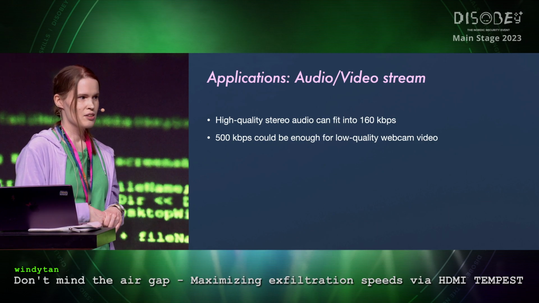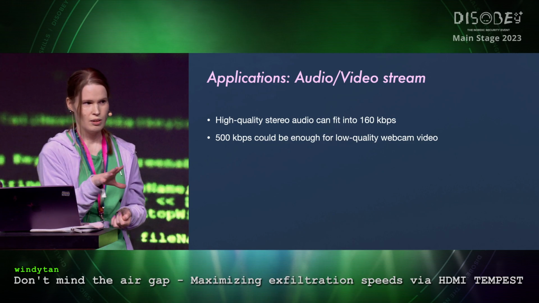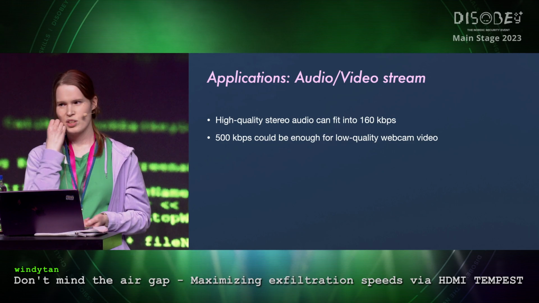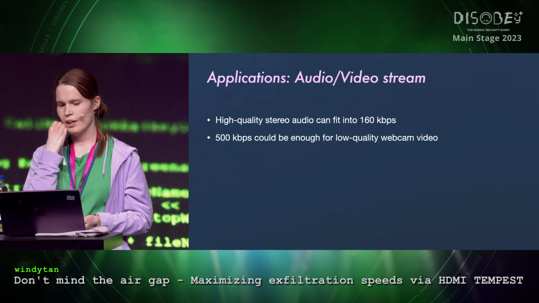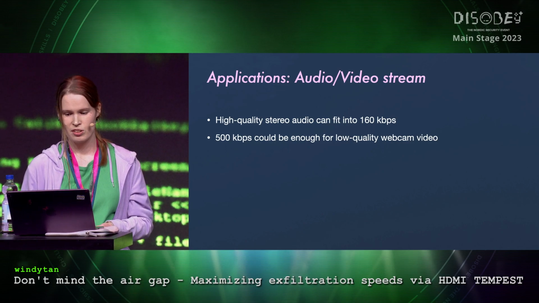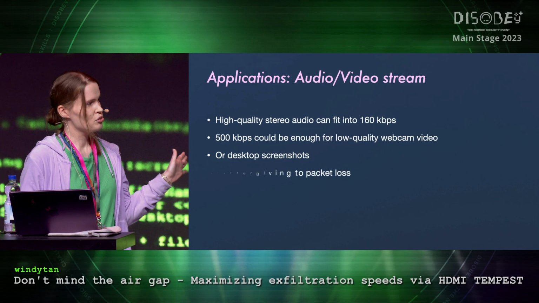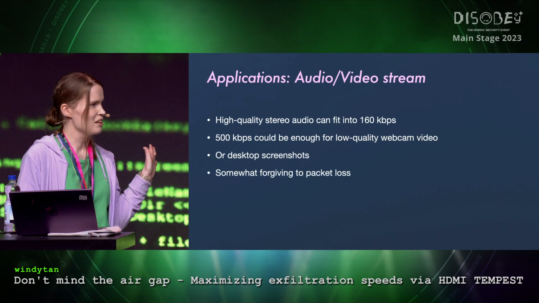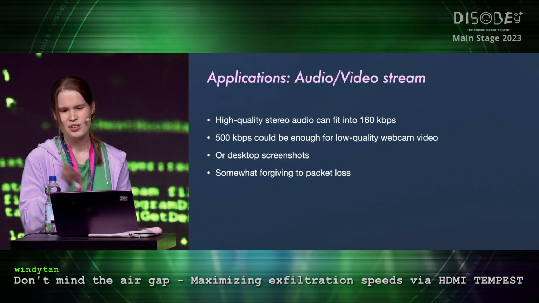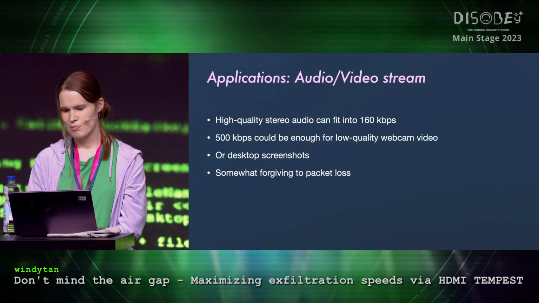If you've ever taken a look at what the Teams desktop share does in the network, it doesn't use that much bandwidth. I guess there is a pretty good compression for desktop screenshots. And these kind of streaming types of data are pretty forgiving towards packet loss, because you can just ignore it in your mind if one frame is missing or a piece of audio is missing.